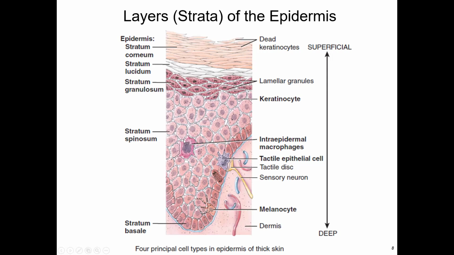We have here the Langerhans cell. It's named a little more convoluted in this illustration, but this is an element of our immune system, and this cell can attack invaders, and if needed, call the rest of the immune system to the rescue. We also see one sensory structure here. Sometimes this is called a Merkel disc, sometimes tactile disc.